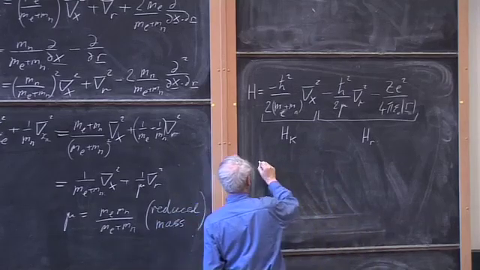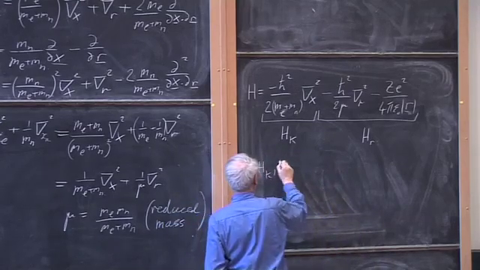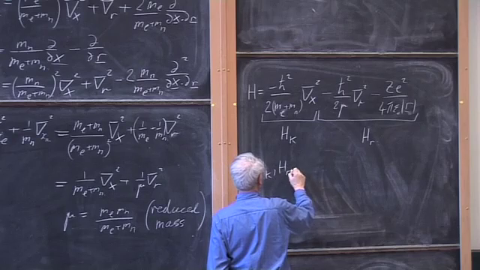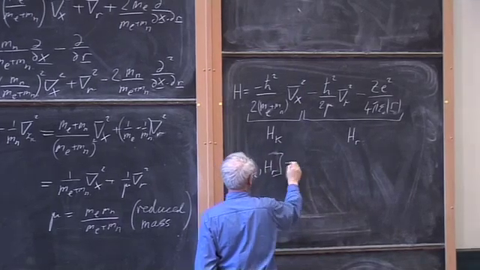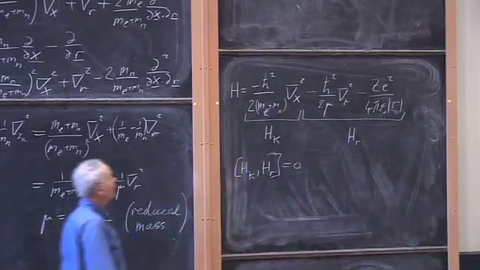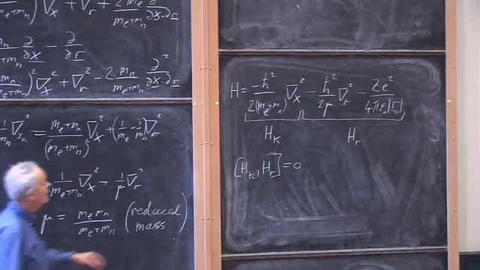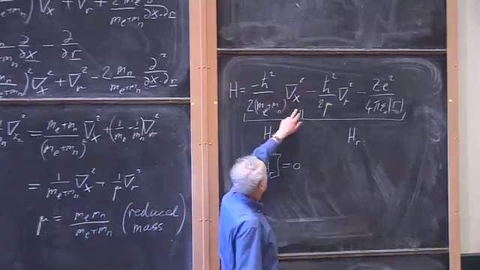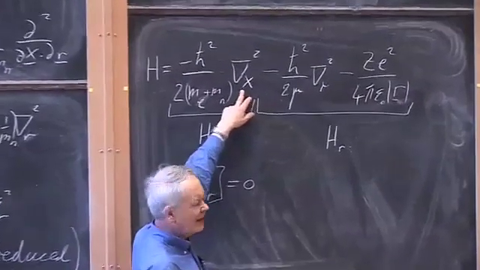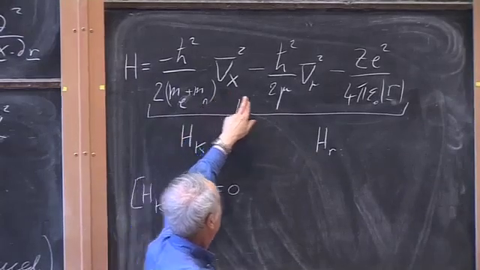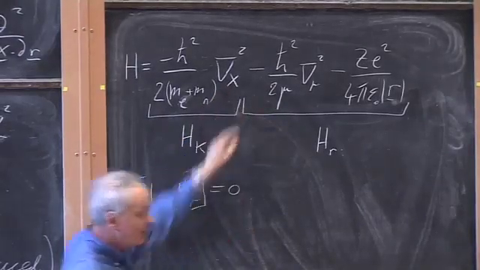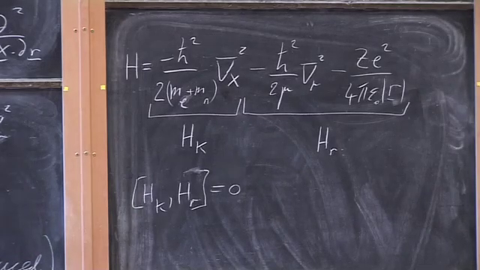And what do we have? We have that h sub k commutes with h sub r. Why? It commutes because this is a function only of the x variables, the big X variables, right? It just involves derivatives with respect to big X. And those derivatives, these partial derivatives with respect to big X components, are with all the other coordinates held constant.